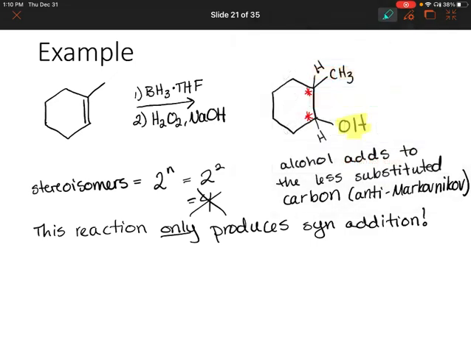So I'm just going to highlight that. That's really important. So what that means is that the hydrogen and the OH group from our water molecule are going to add to the same side of the ring.